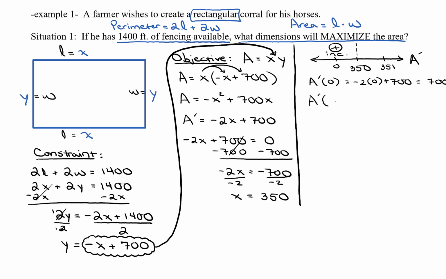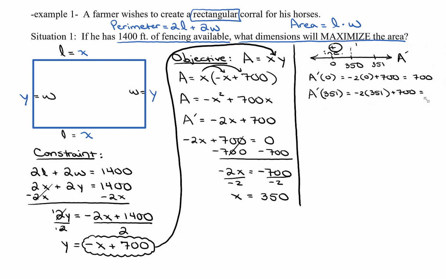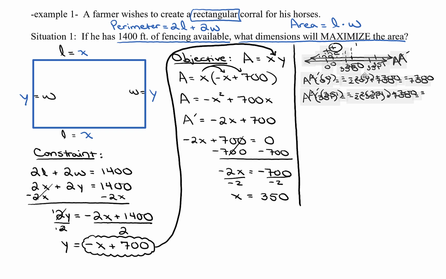Then I found A prime of 351. A prime of 351 is equal to negative 2 times 351 plus 700. I ran out of space here, so I took all the work that I did on the right-hand side of my vertical line segment, and I lassoed it and shrunk it. And I moved it slightly towards the left-hand side and slightly downwards.